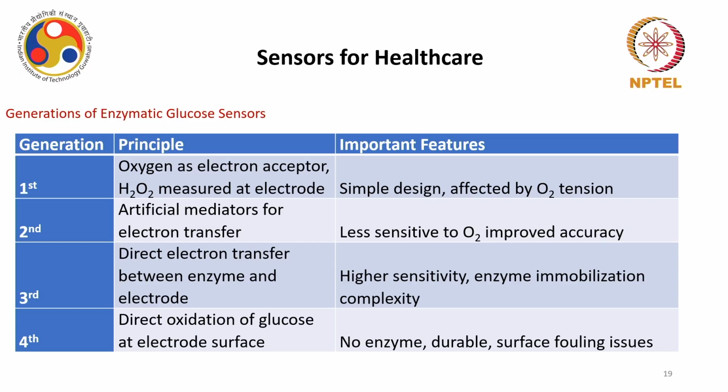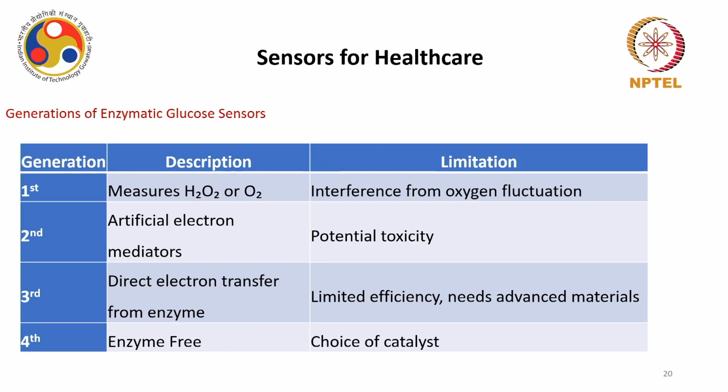Then the fourth generation of the glucose sensors are the direct oxidation of glucose at the electrode surface without any help from the enzyme. So, since there is no enzyme involved, these devices are durable and their lifetime is also better as compared to the enzymatic devices.